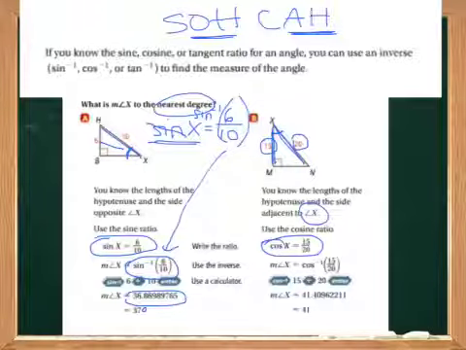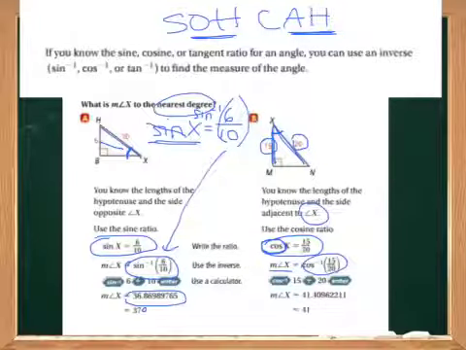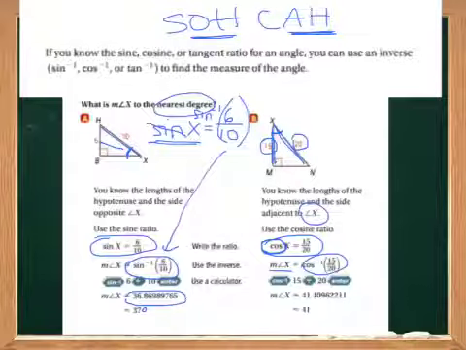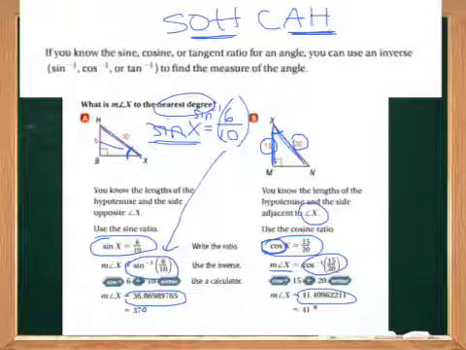Do the inverse cosine function to both sides so that you can find out the measure of angle x equals the inverse cosine of 15 over 20. In your calculator, you press second cosine, and then you can write it as a fraction or as division, but make sure you have your parentheses there. You get that the measure of angle x is this number, which to the nearest degree would be approximately 41 degrees.